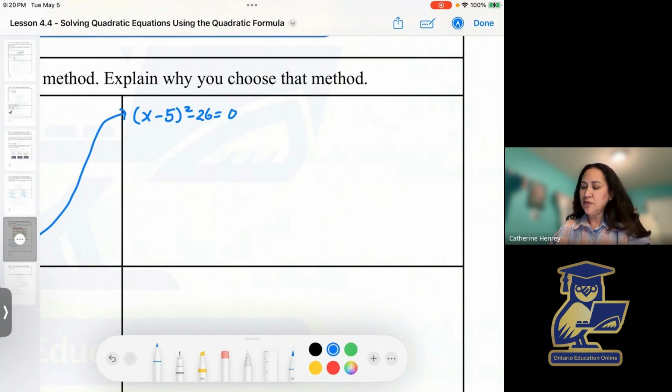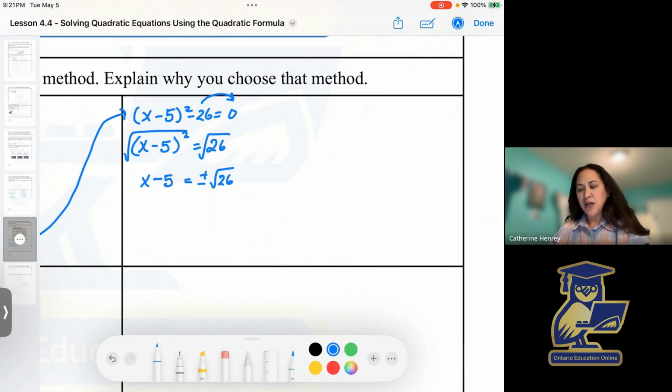So it's isolate for x, and we're going to move this negative 26 over to the other side so that I'll have x minus 5 squared is equal to positive 26. I now have to take the square root of both sides to get rid of that squared. And I'll have x minus 5 is equal to plus or minus the square root of 26.